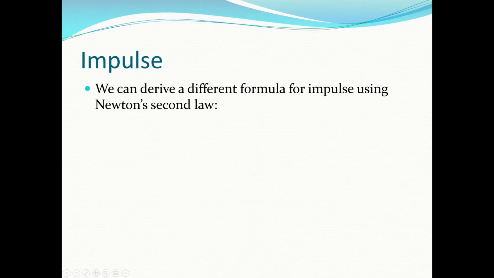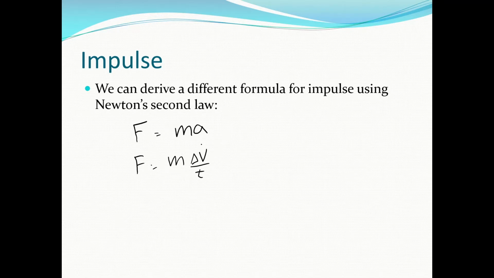So we can derive another formula for impulse using Newton's second law. So Newton's second law is force equals mass times acceleration. And one of the simplest formulas for acceleration is change in velocity over time.